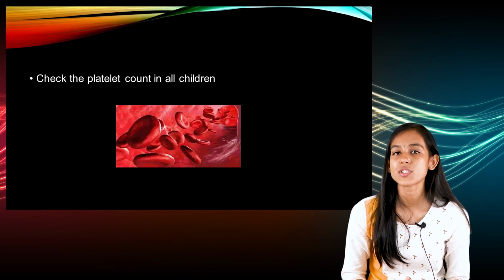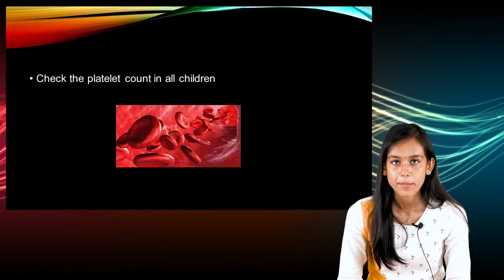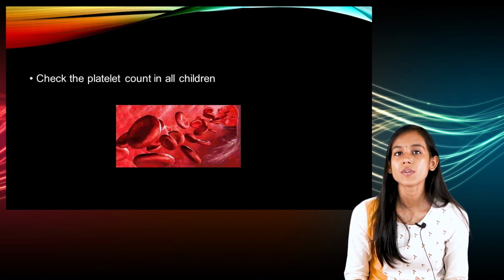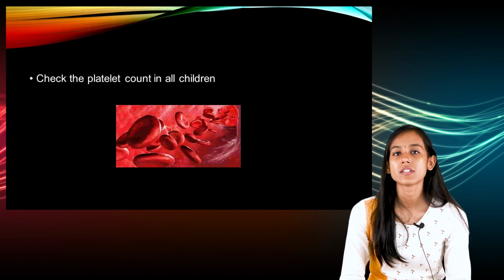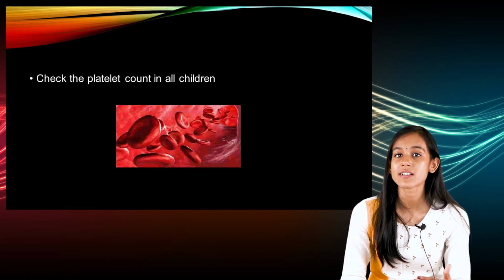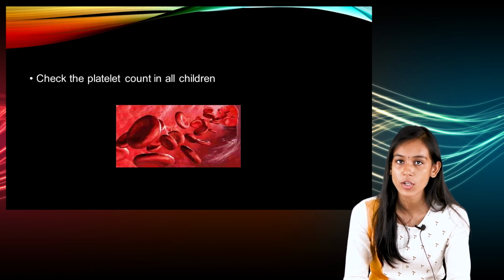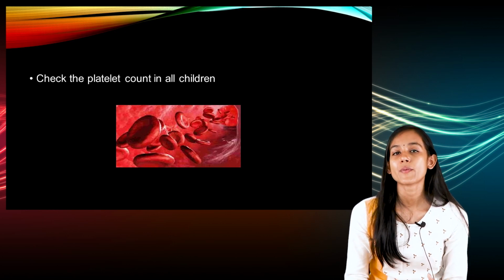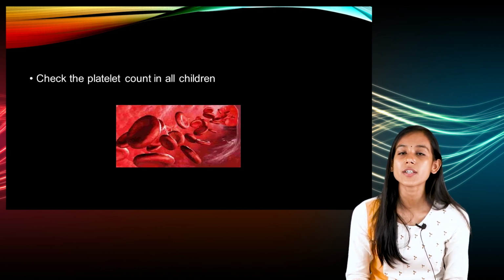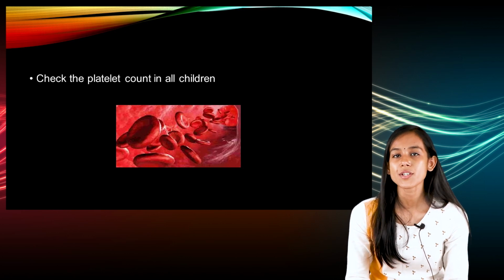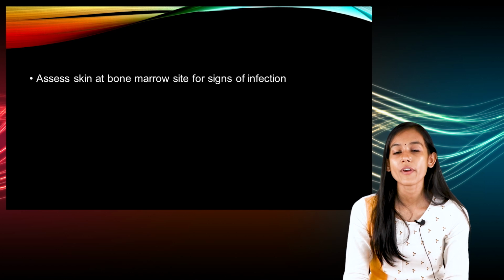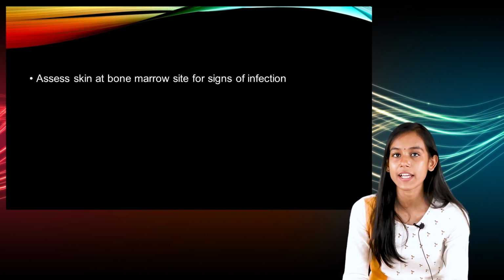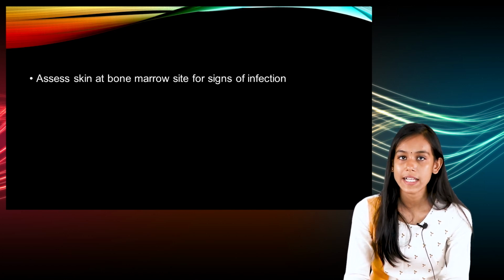Then you have to check the platelet count of the patient. Once you check the platelet count of the child, you have to check whether the patient has a history of any kind of bleeding disorder, or whether the child is currently on any anticoagulant. Once you gather this information, you have to assess the skin from where the bone marrow needle will be inserted.